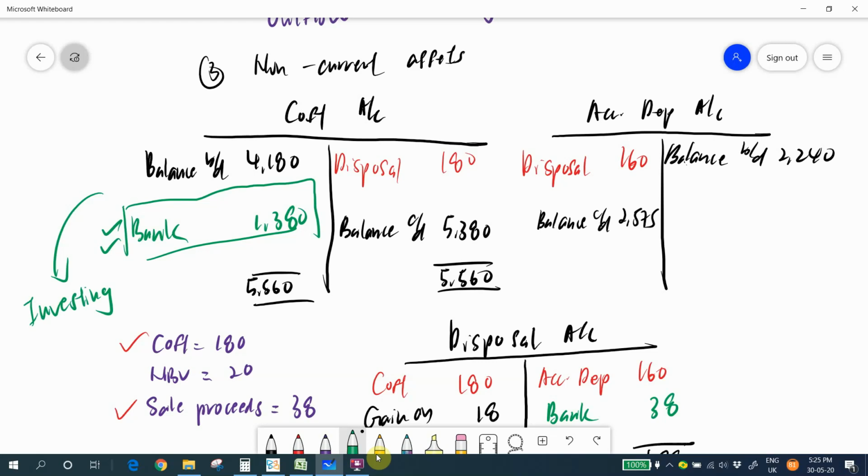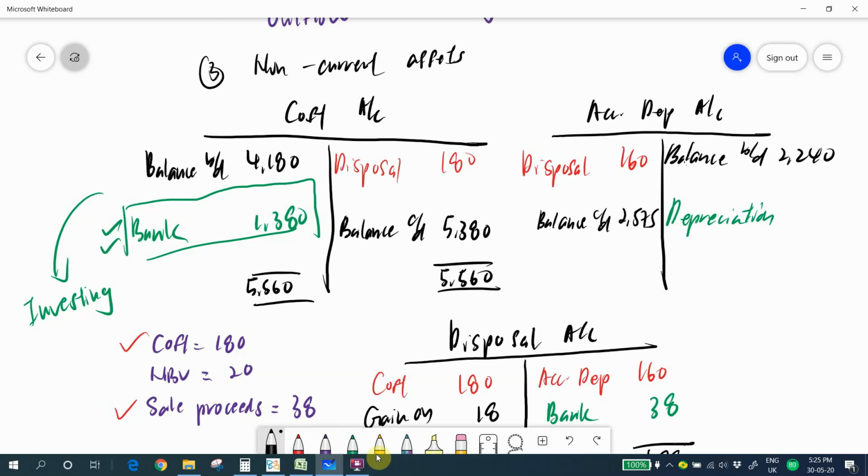Next, accumulated depreciation account. In the accumulated depreciation account, other than the opening and closing balances, we will record how much of the accumulated depreciation is for the disposed asset, as well as what is the depreciation during the year. So can we find out what the depreciation amount is?